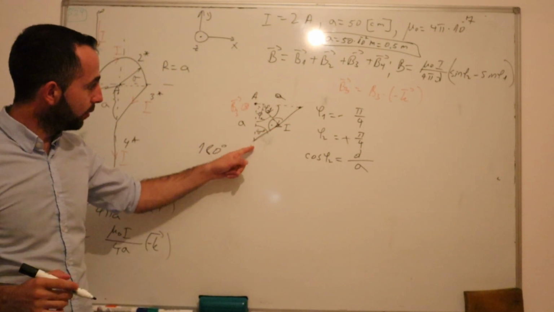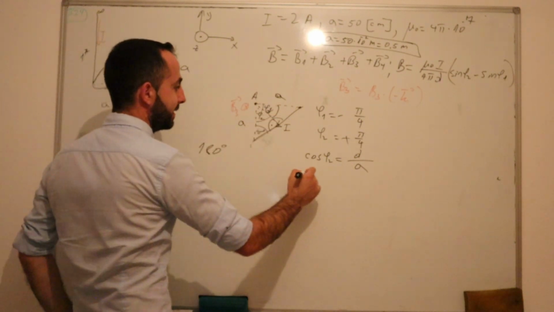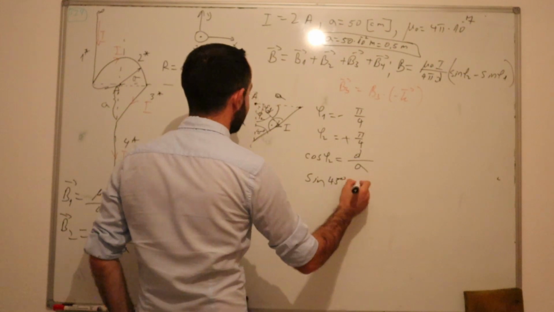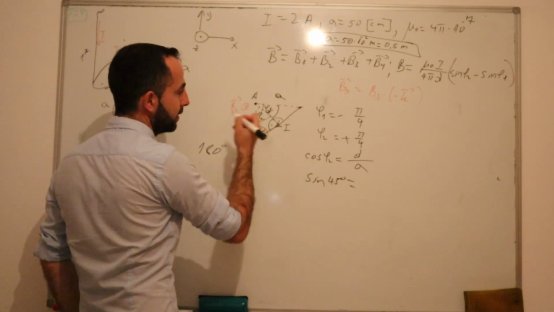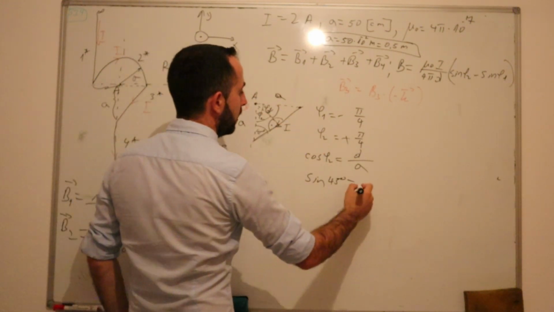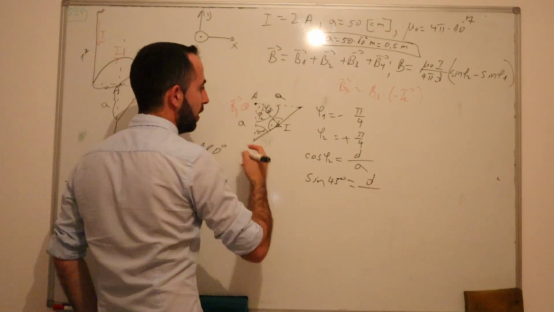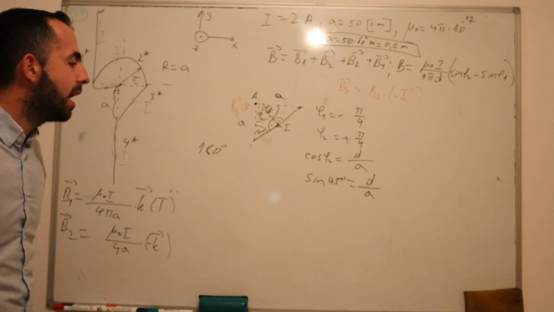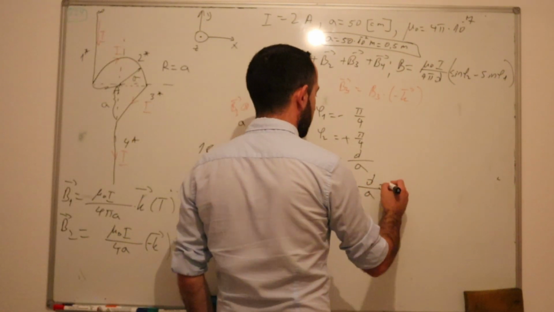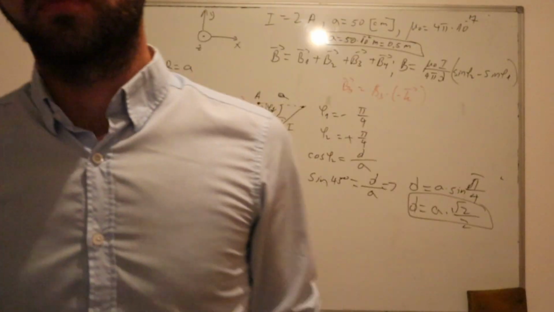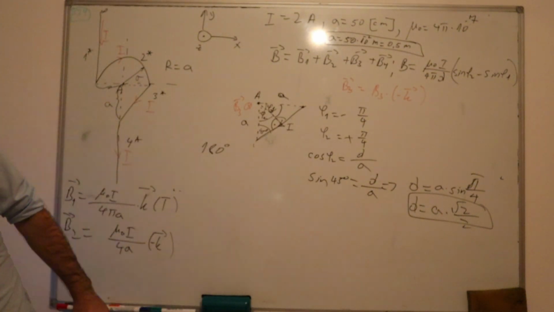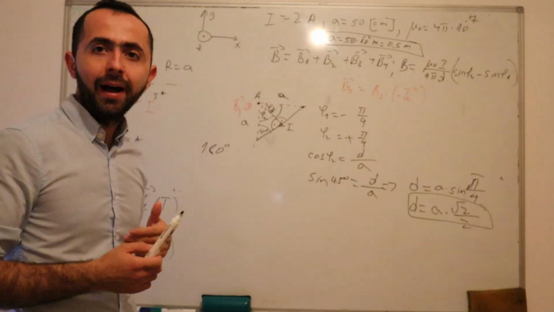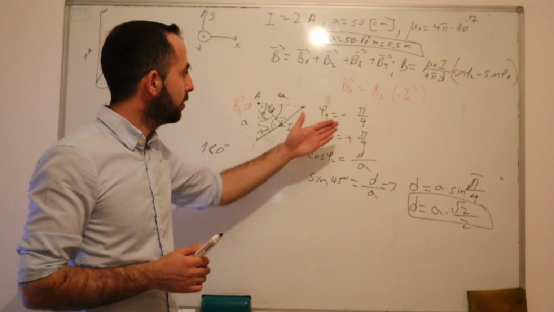So we could have used for this triangle also that sine of 45 degrees is equal to the opposite side of the triangle, D, over the hypotenuse. We would get the same result. So here we have also our distance. Now we have everything known.